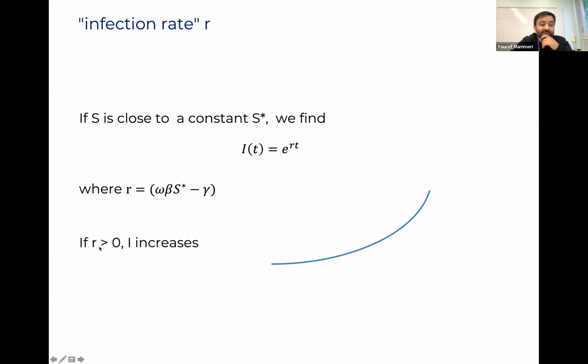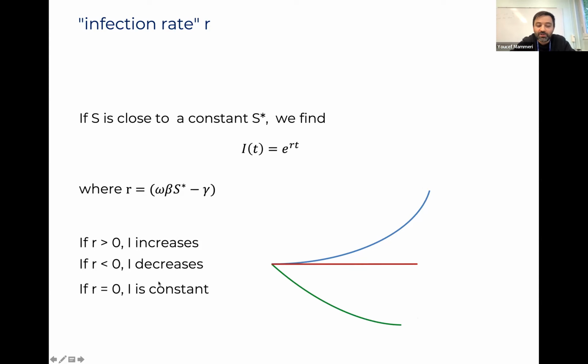If this number is positive, you have exponential growth, so the number of infected will grow exponentially fast. If this number is negative, the infection decreases. If this number is 0, it is constant. So it's quite easy at the end.